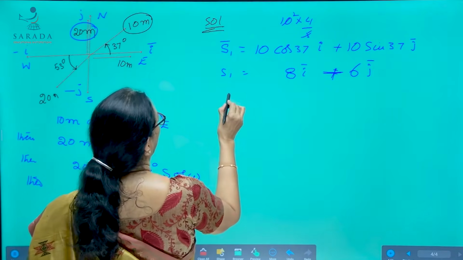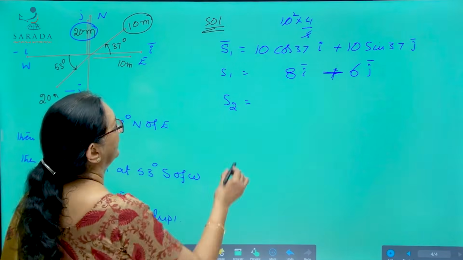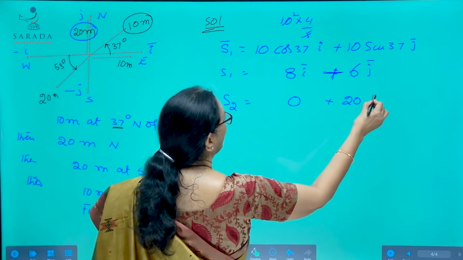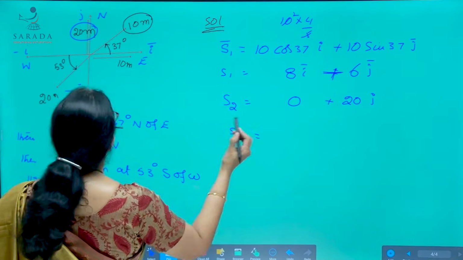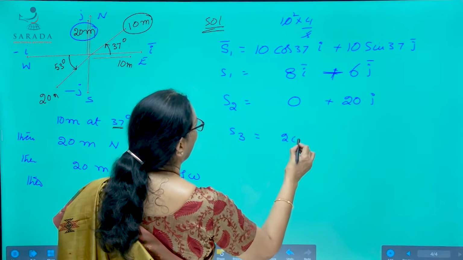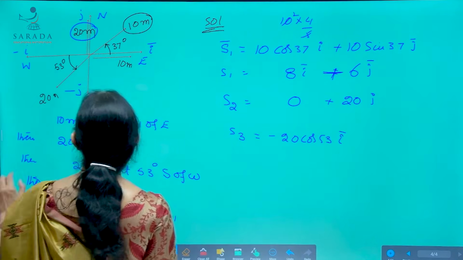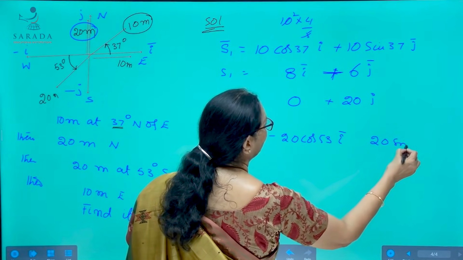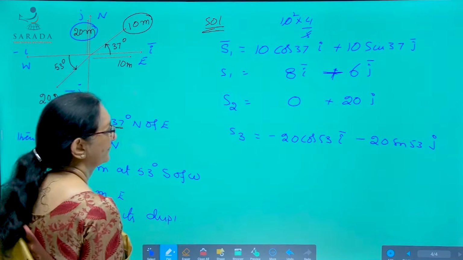This is S1. And coming to S2, it is 20 meters along north. It has no component along east and it is 20 j bar. Next S3. Again, let us write it in the vector form. 20 meters, its component along x-axis is 20 cos 53, minus I bar. And along the y-axis it is 20 sin 53 along negative y-axis, minus j bar.